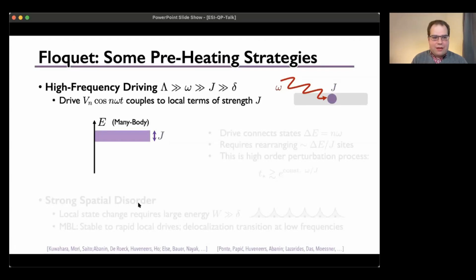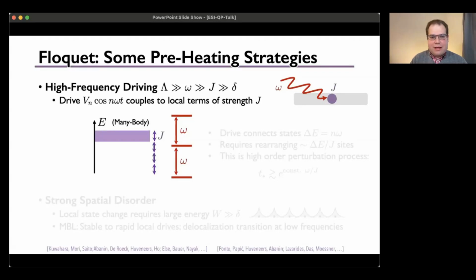How does this work? Imagine this little picture where I'm plotting the many-body energy, and here is an effective band of scale J made by the degrees of freedom on this local site. If I then have external photons from the drive that can be absorbed or emitted, to absorb one of these photons I need very many processes of order J that flip local sites.